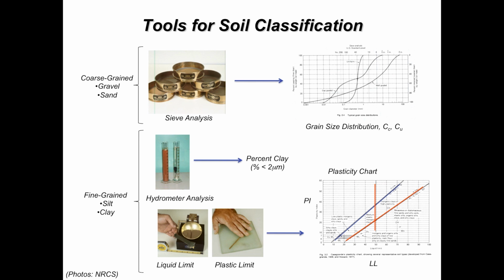And then we have the plastic limit. I think everybody's probably familiar with this, where we define the water content between a semi-solid and a plastic state. The results of liquid limit and plastic limit, or the difference between these two, is the plasticity index.